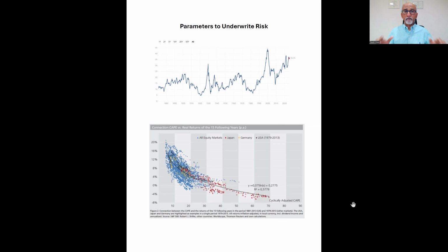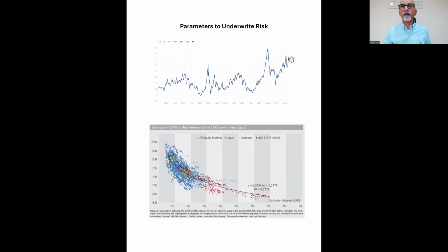The point I'm trying to make is that the last 10 years' return doesn't mean you're going to get the same return in the next 10 years, because returns are directly correlated with the cyclically adjusted price over earnings ratio, how it's been valued over time, and what the entry point was.